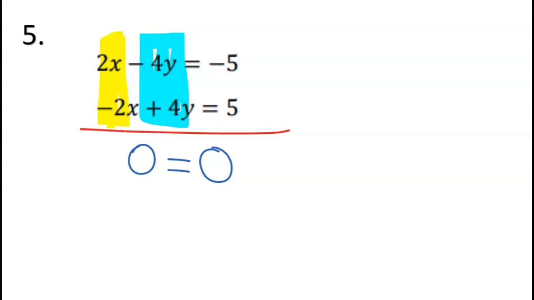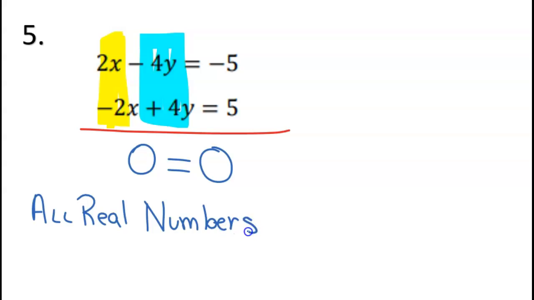Is that possible? Can 0 equal 0? Yes. So what does it mean the answer is? The answer is all real numbers. Or sometimes you will see it written infinite solutions.